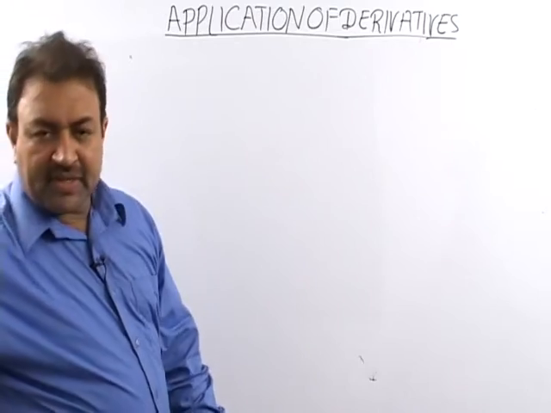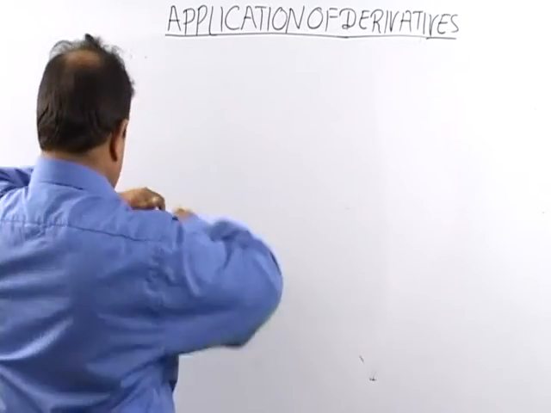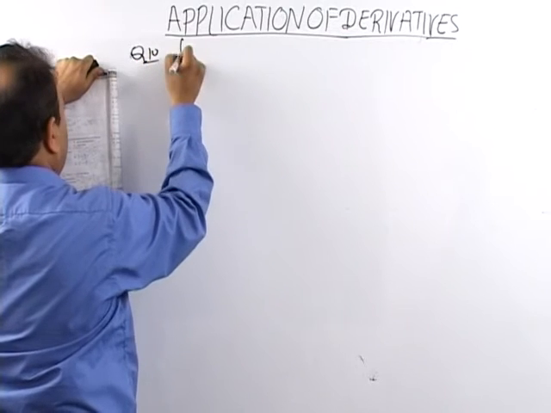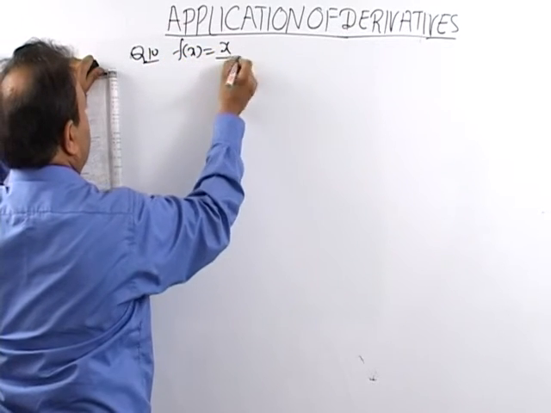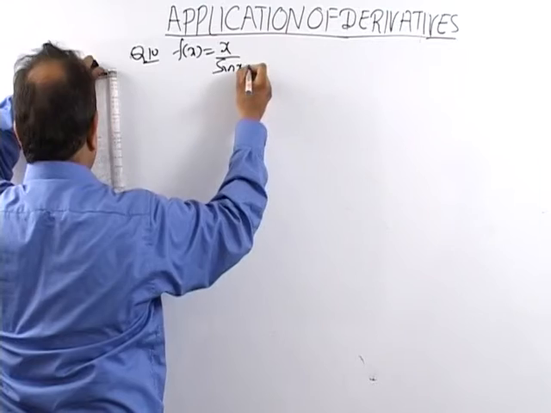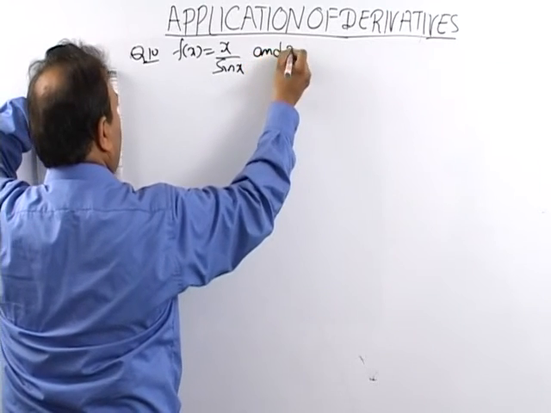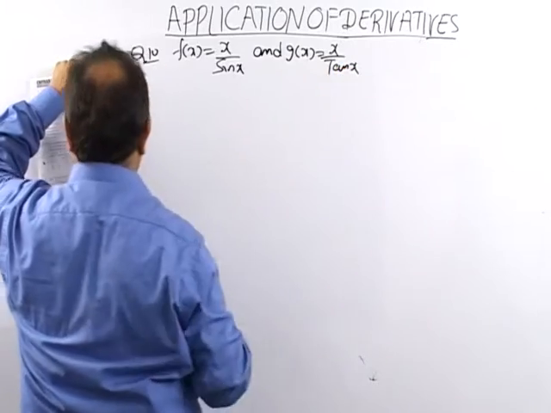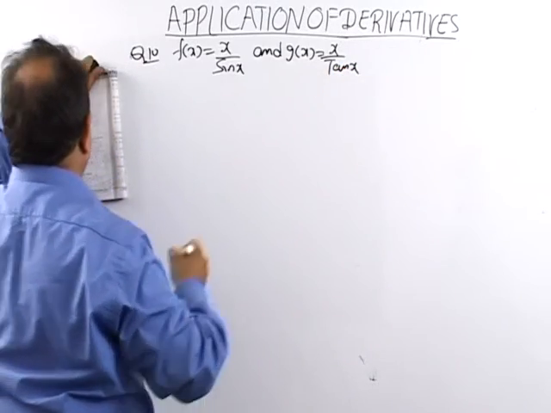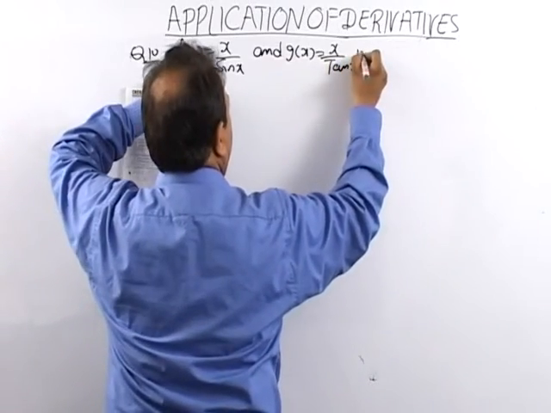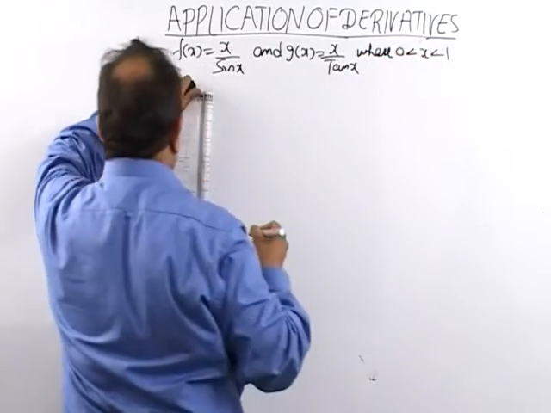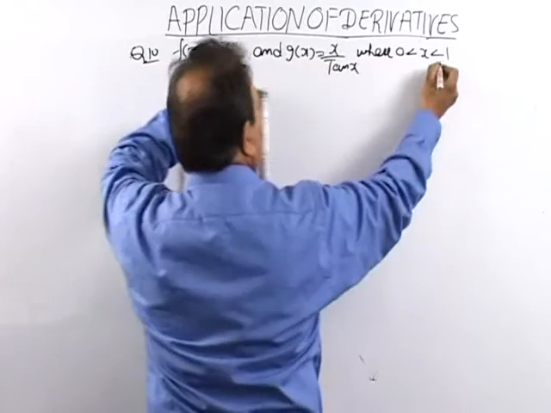We have question number 10. fx is equal to x upon sin x and gx is equal to x upon tan x, where x lies between 0 and 1.